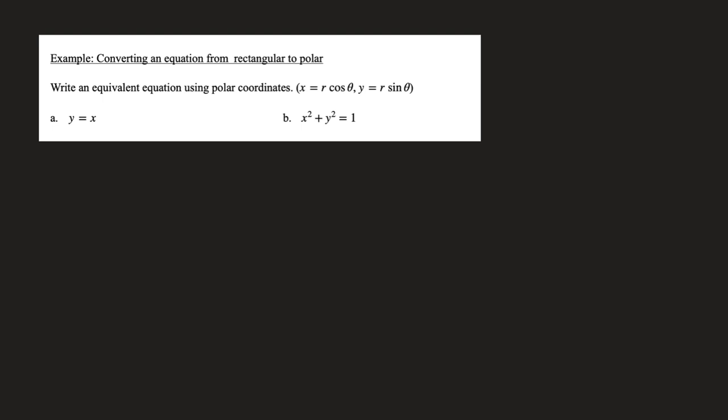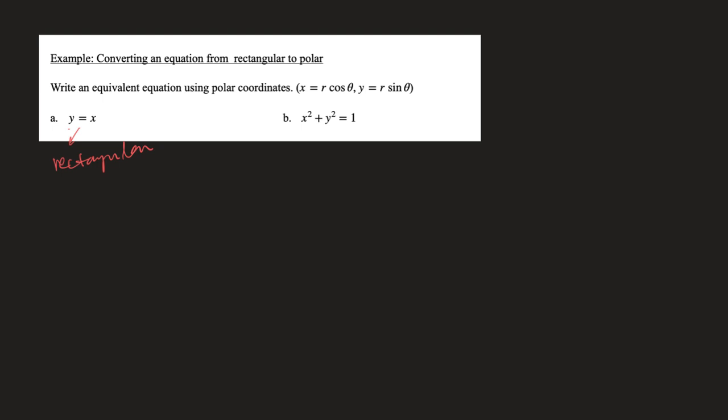The next question is converting an equation from rectangular coordinates to polar coordinates. The idea is the same, guys. This one is in x and y, so it's a rectangular equation, and we want to change it to a polar equation.